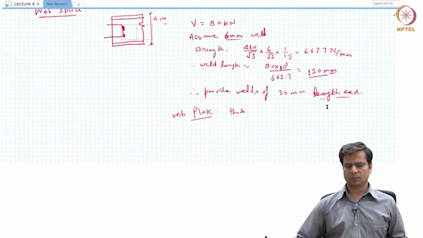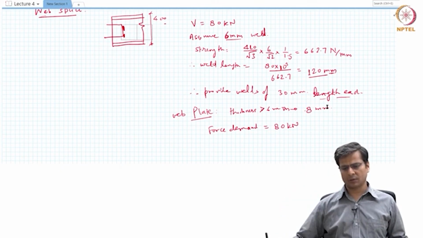So we can go for something like 8 millimeter thick plate or something like that, and the total force demand is 80 kilonewton. 2 plates will be resisting that load simultaneously. 80 into 10 to the power 3 in shear.